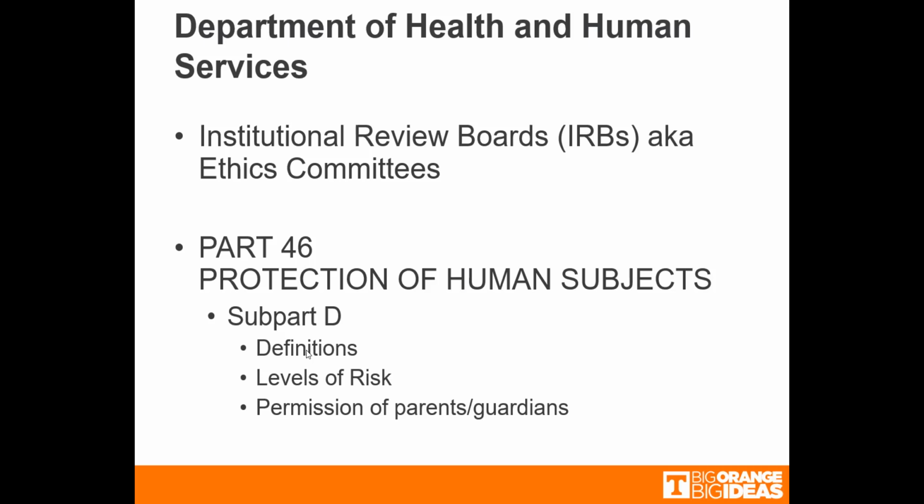Typically, those are done to try to better the condition or better the life of the child or the individual. If there starts becoming higher risk or they start seeing adverse outcomes, that's considered a high-risk study, and typically there are lots of protections in place and frequent review to make sure that the risk is not too high.